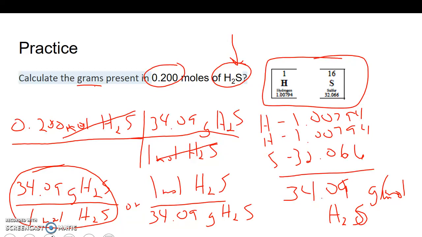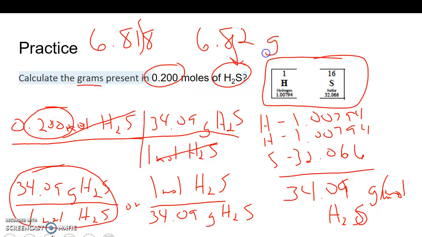So 0.2 times 34.09 equals 6.818. I look at this number. I have 3 sig figs, so I want to round to here. So it goes to 6.82 grams of H2S.